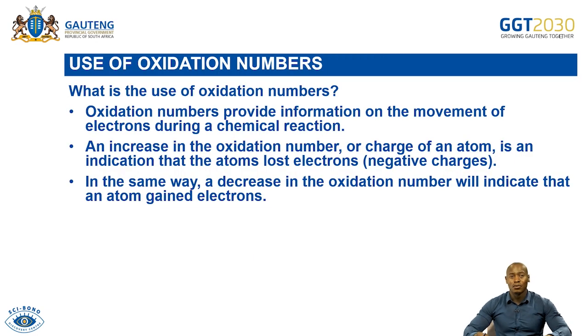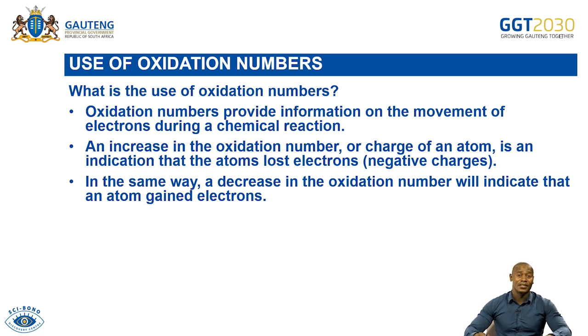Then what is the use of oxidation numbers? Oxidation numbers provide information on the movement of electrons during a chemical reaction. For example, if there's an increase in oxidation number, that atom is losing electrons, right?